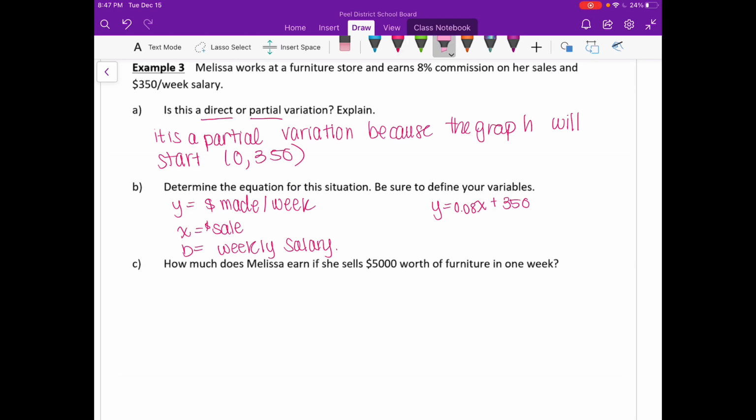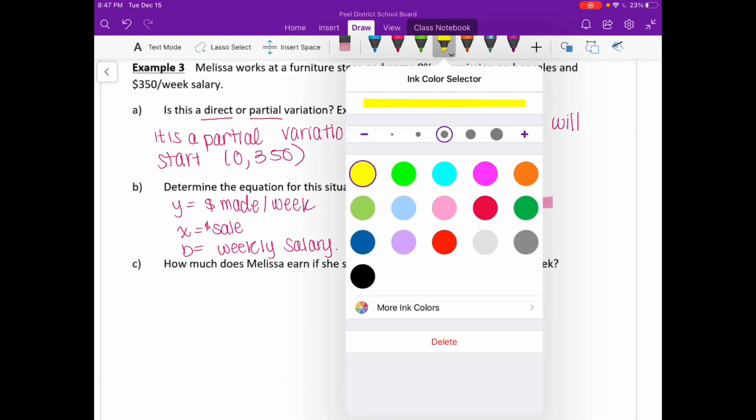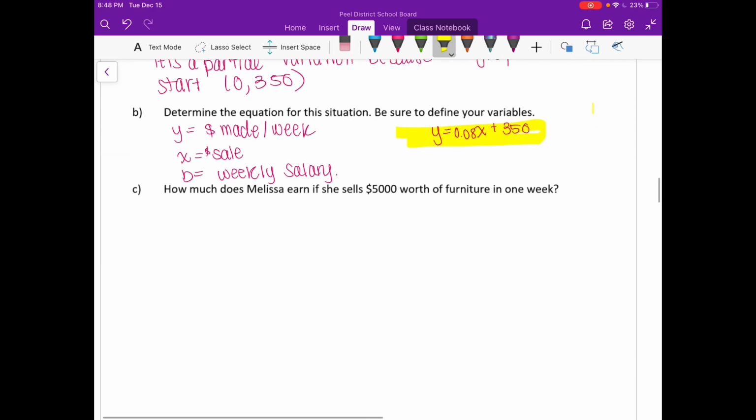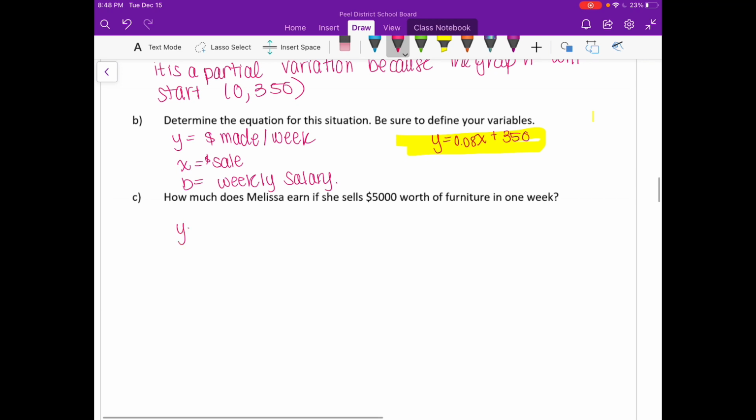That's my equation, right? So if that's my equation, I'm just going to make this into a color that everyone can see. I'm going to write Y equals 0.08x plus 350.